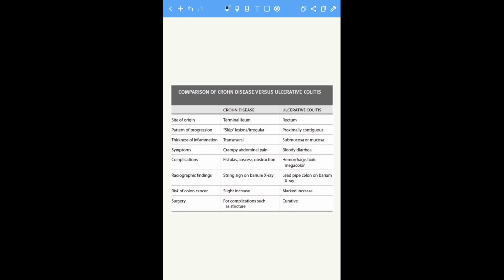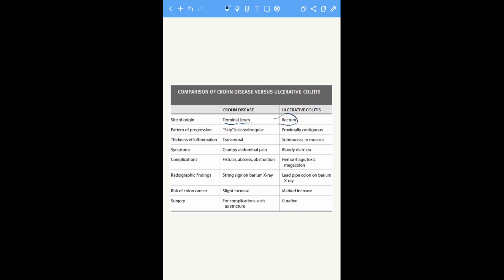Okay, for recapping the differences between Crohn's disease and ulcerative colitis. In Crohn's, the most common site is the ileum, while in ulcerative colitis, the most common site is the rectum. Okay, the ileum and rectum.